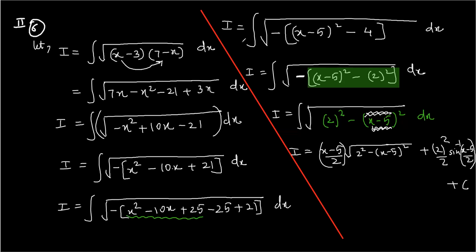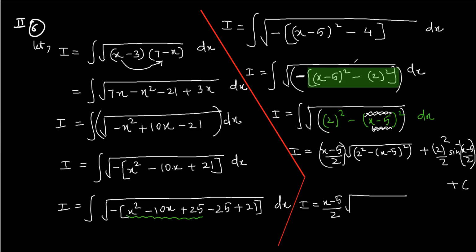Now you know, students, what will this be? So here you will get I equals to x minus 5 over 2, and as you know, inside the square root you have this, which is this, which is this.